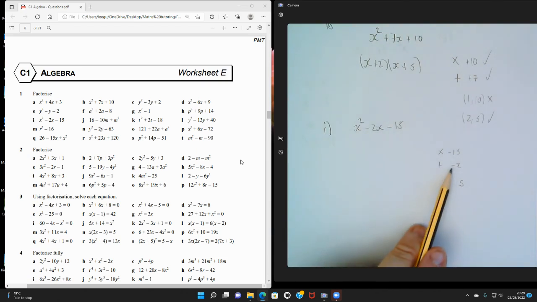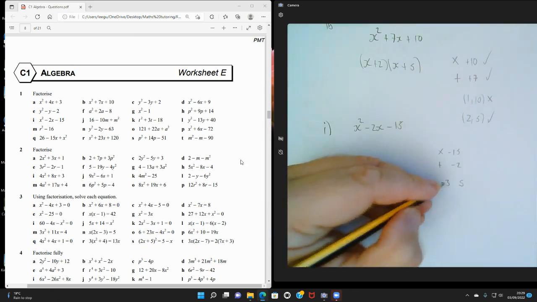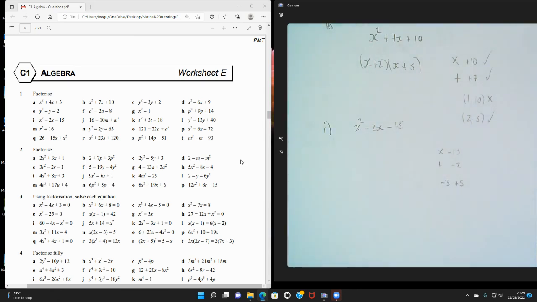Well, I've got minus 2 here, so if this one was negative and this one was the positive one, when I add those two together, that would not come to the right thing. That would not be the correct factor pair, because when they're added together, that's going to give me plus 2. So that's incorrect.